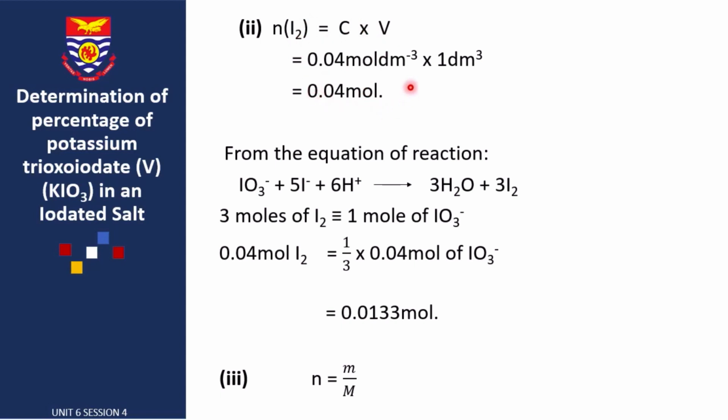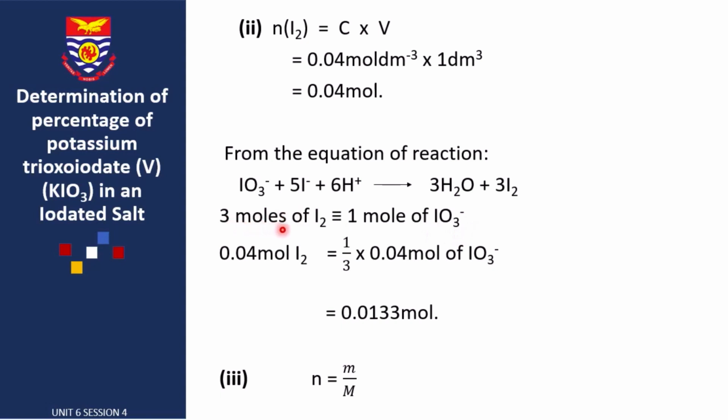So knowing this number of moles, we now go to the equation of reaction. This is the other equation given in the question. Now from this equation, we have 3 moles of iodine produced from 1 mole of the iodate ion.